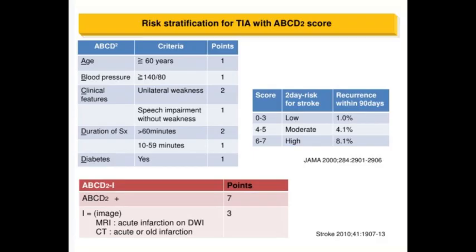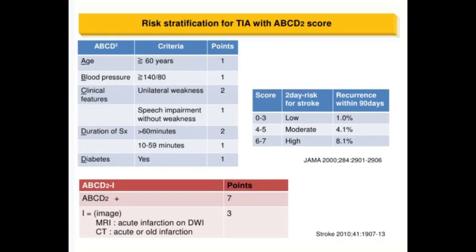There are two Ds, which is why we have the D2. For age, if the patient is 60 years or older, you give a score of 1. If not, you give a score of 0. For blood pressure, if the patient with TIA-like symptoms has a blood pressure of 140 over 90 or more, you give a score of 1.